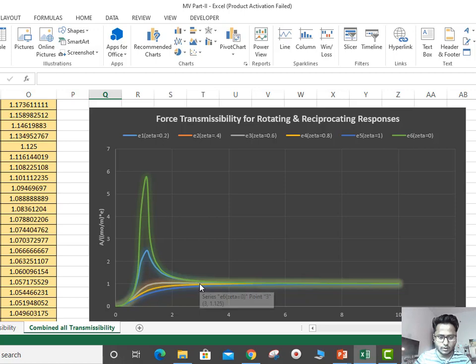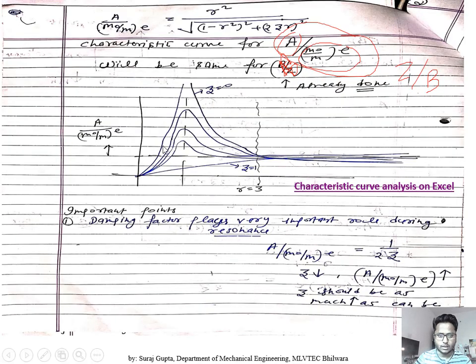After that, all the values of transmissibility at different zeta will be unity, meaning 1. So the curve is like this, the same. After r equals 3, all the values are tending towards unity.